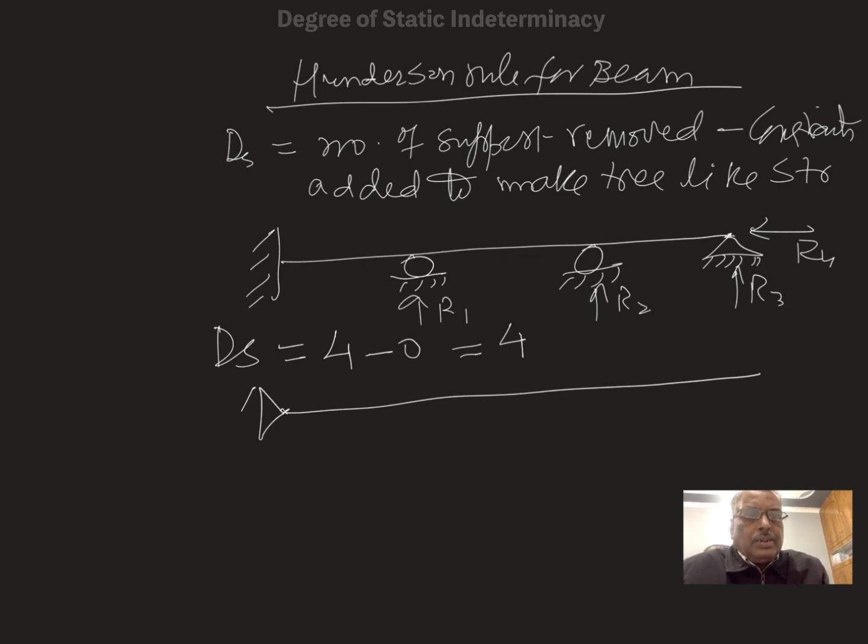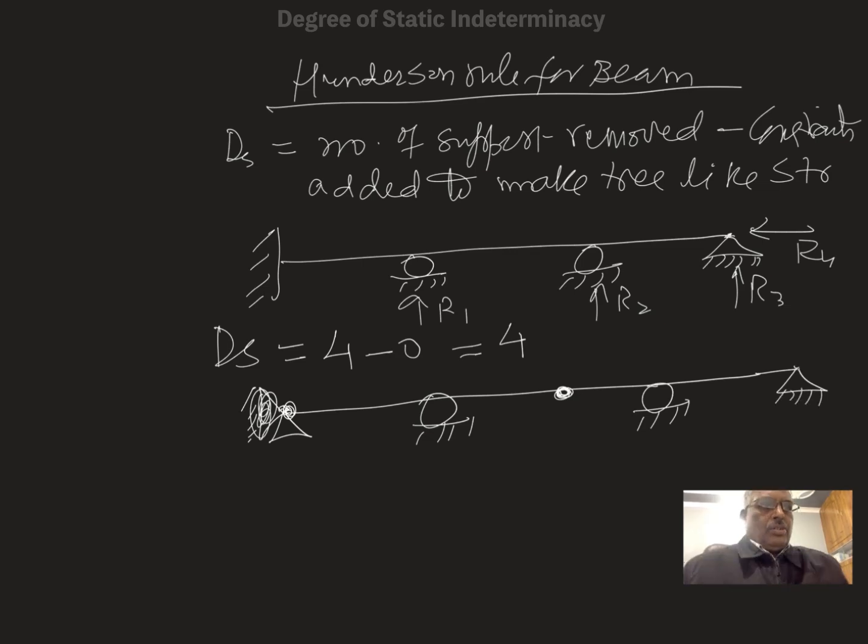Suppose I take another example. This is simply supported, this is the roller support, and an internal hinge, roller support, and again simply supported. Here are the reactions R1, R2, R3 and R4. The two members are joined to make it rigid.